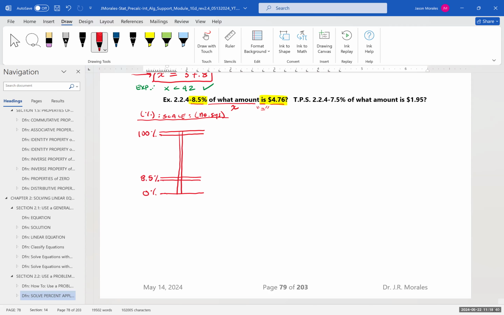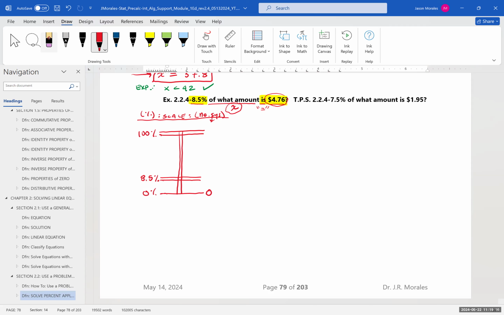Okay. So what about this number system scale here on the right-hand side? How do we fill that in? Well, we know we're going to have 0 at the bottom. And now we need to figure out where does X go and where does $4.76 go? So I guess our number system, I can correct this. We didn't have dollars and cents in a previous example. All right, give me a second.